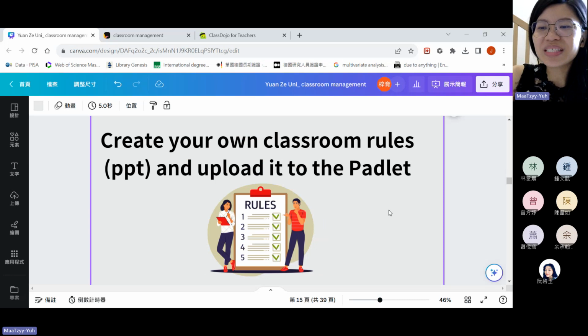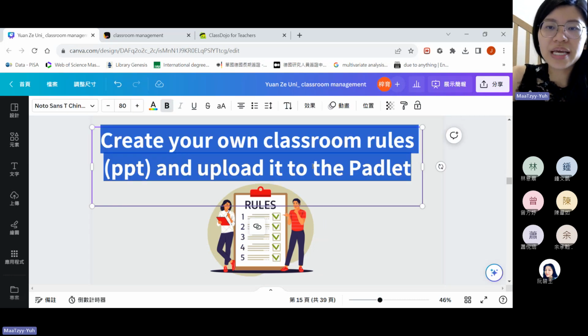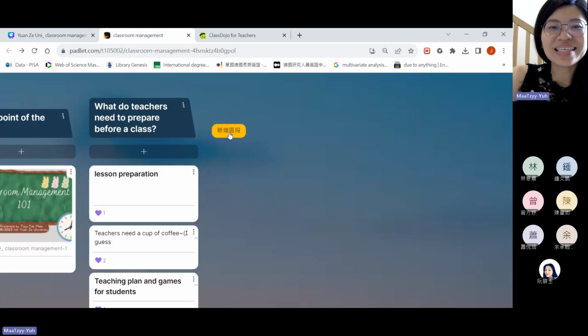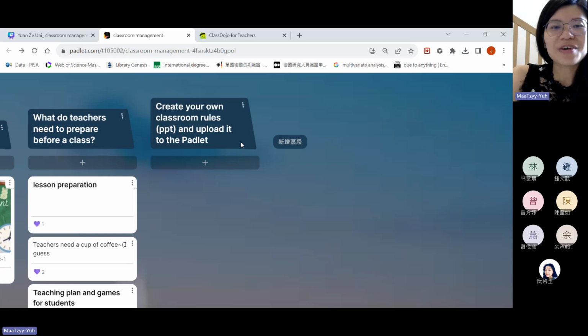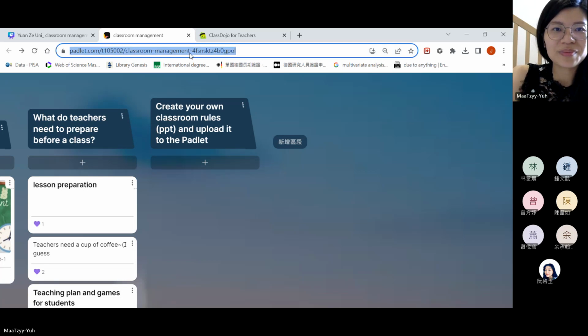So here we are going to stop for a while, and I hope you can create your own classroom rules, maybe in a PowerPoint, and then upload it here to the Padlet again. So let's wait for 5-10 minutes, and please finish this little task now.